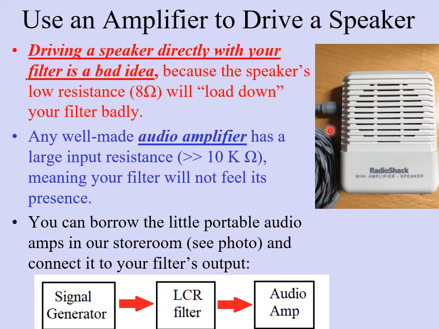These amplifiers have a very high input resistance or impedance, usually much larger than 10,000 ohms, so this will not load down your filter at all. Not much current goes into this amplifier. That's really the only way to properly test this audio filter.